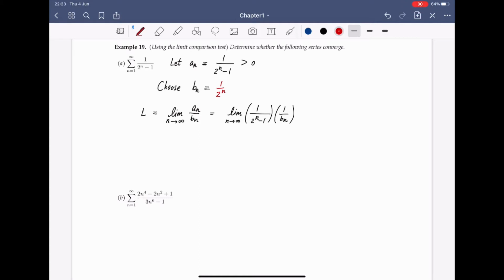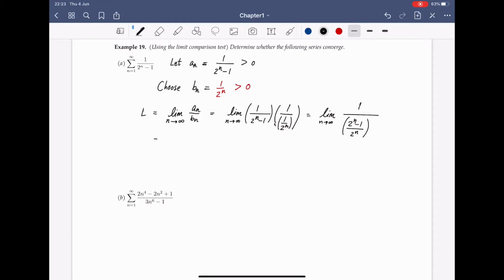This is also positive, because 1 over 2 to the n is always bigger than 0 when n is bigger than or equal to 1. Once I choose b_n to be 1 over 2 to the n, I can replace this by 1 over 2 to the n minus 1, times 2 to the n over 1. You can see that this is tricky. I pick 1 over 2 to the n because I want to make the limit easier to compute.